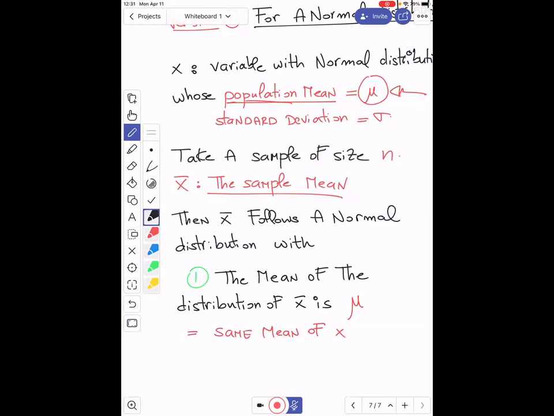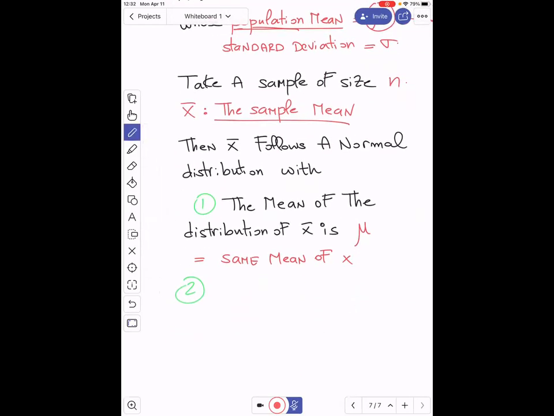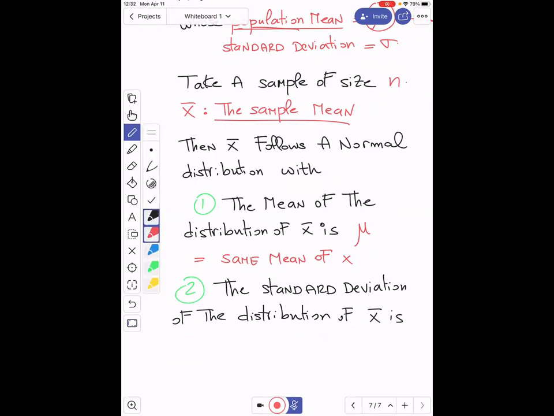However, the standard deviation of the distribution of X bar is different. The standard deviation of the distribution of X bar is actually sigma, which is the standard deviation of X, over the square root of the size of the sample.